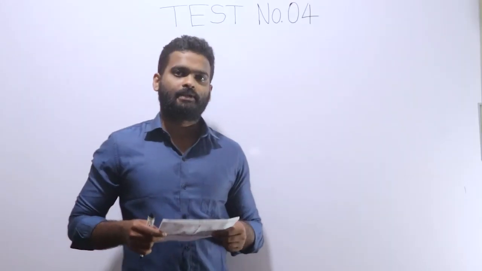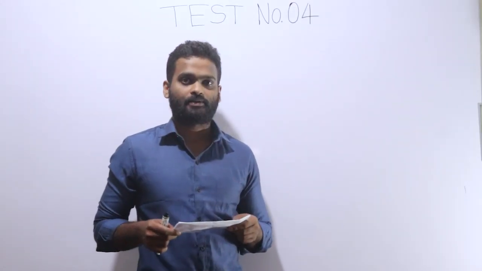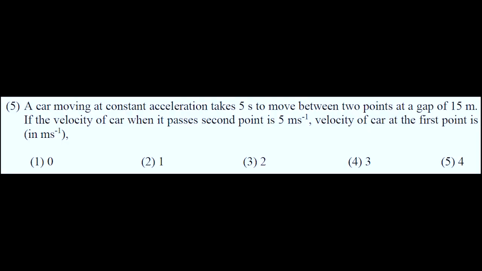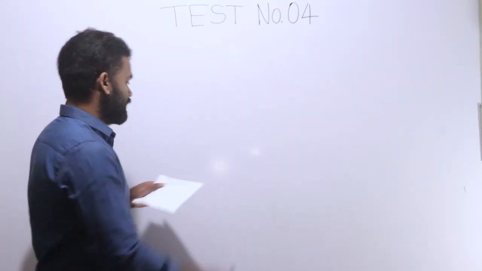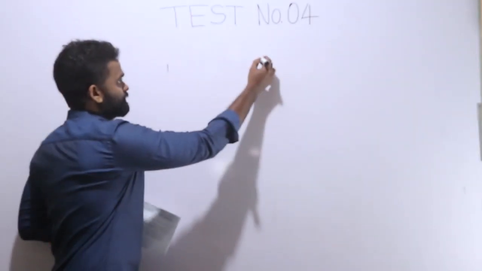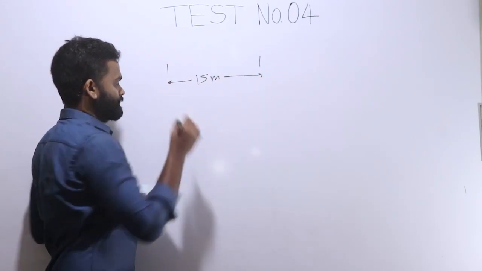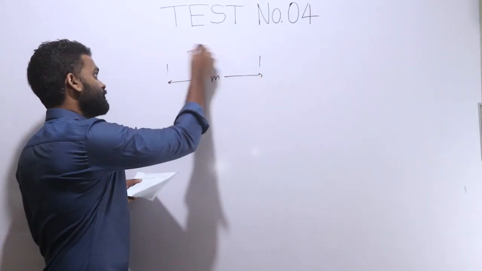Okay, moving on to the next question. Fifth question, regarding linear motion. A car moving at constant acceleration takes 5 seconds to move between 2 points at a gap of 15 meters. So the gap is 15 meters and it has a constant acceleration.